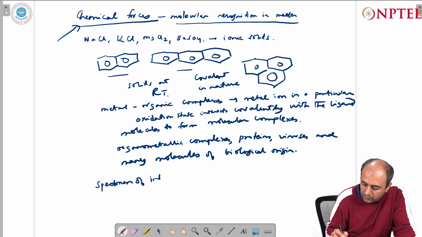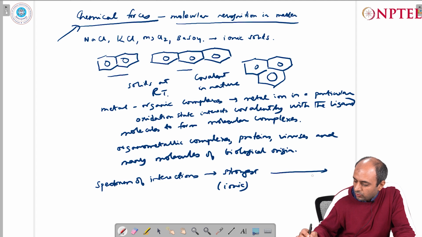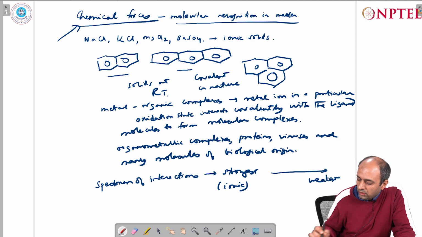We have the strongest, for example, the ionic bonding, and we can go to the weakest, which is the non-covalent bonding.